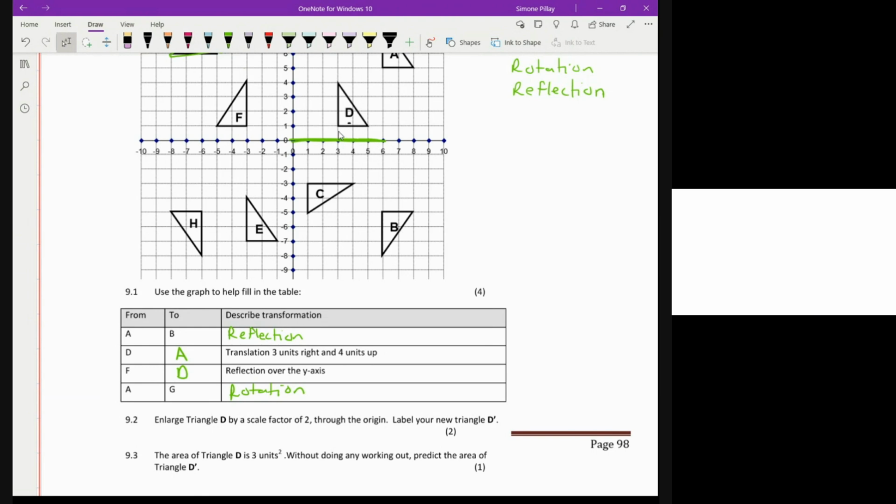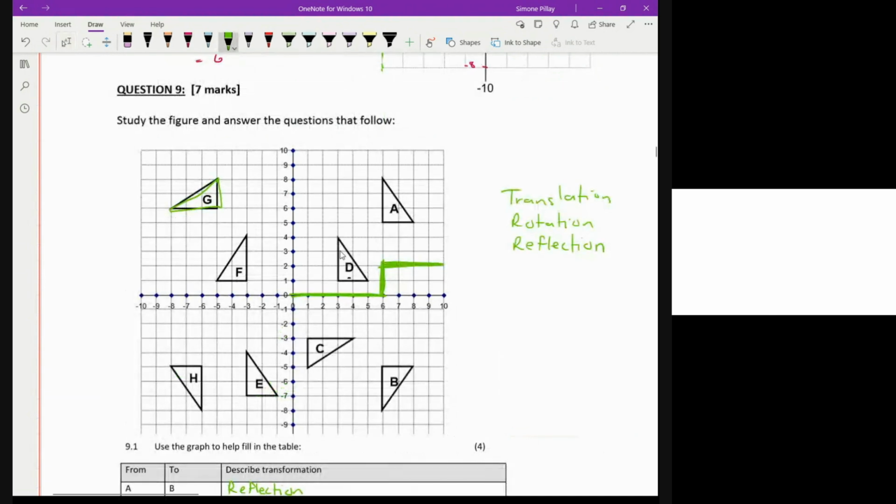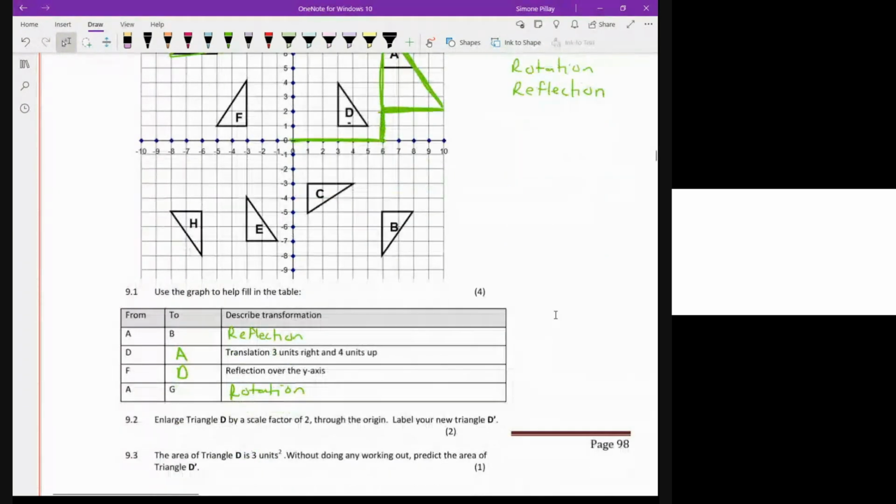And if it is 1 block up from my axis over here, I'm going to make it 2 blocks higher. The length was 2 units. I'm now going to make it 4 units. And this length was 3 units. I'm now going to make it 1, 2, 3, 4, 5, 6 units. And I can join it. And so that is now last question for today. I have enlarged my triangle D by a scale factor of 2.